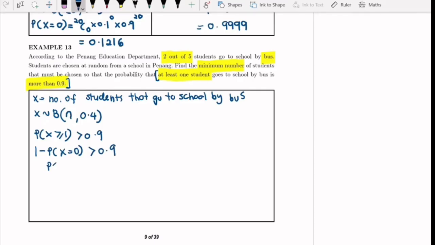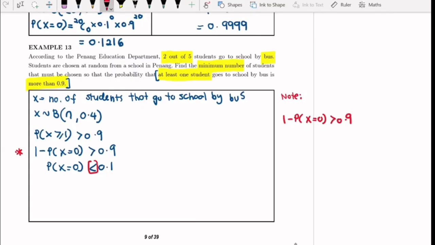Rearrange so that we have P(x equals 0) less than 0.1. Please be careful with this inequality sign. We change it to less than because we have a negative. Note here, from this line we have 1 minus P(x equals 0) greater than 0.9.